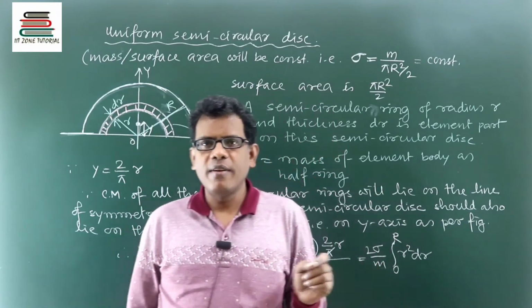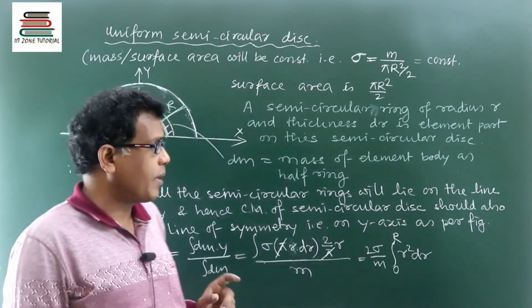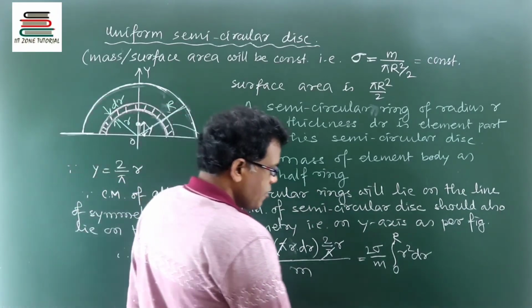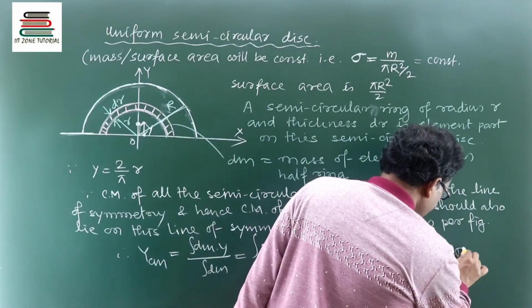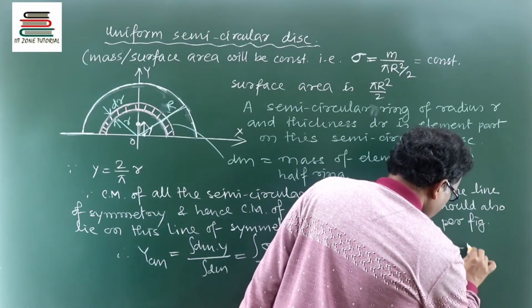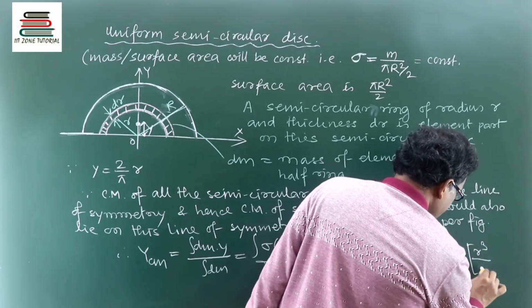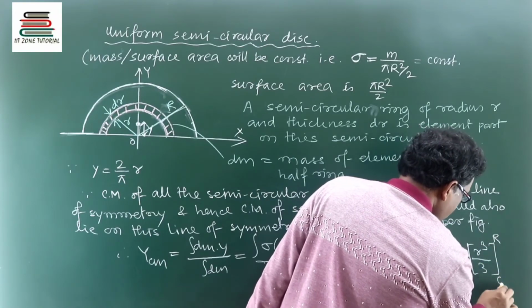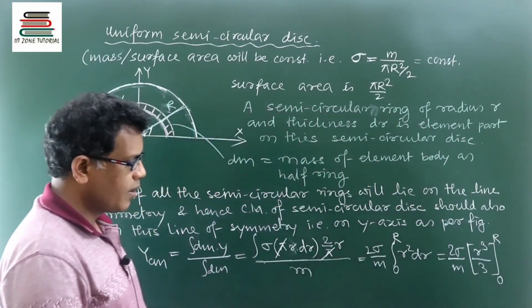The radius of the ring can vary from 0 to capital R, because capital R is the radius of the semicircular disc. So this calculation will become small r cube by 3, integration of the algebraic form x to the power n being x to the power n plus 1 by n plus 1, right.